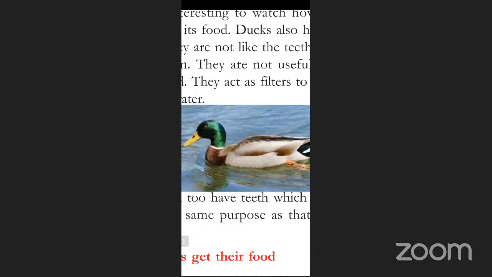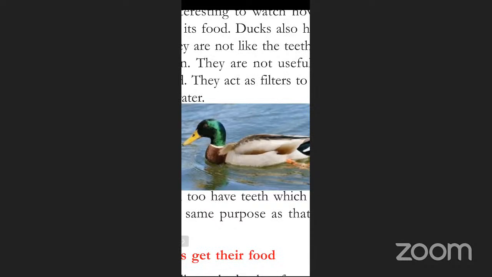In the water there are also so many living organisms. Yes or no? So if we observe something interesting about the duck, see, the duck catches its food. The ducks also have teeth, but they are not like the teeth of a cow or a lion.